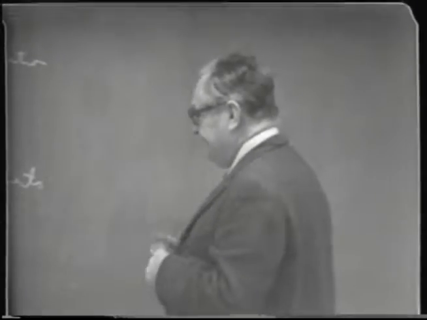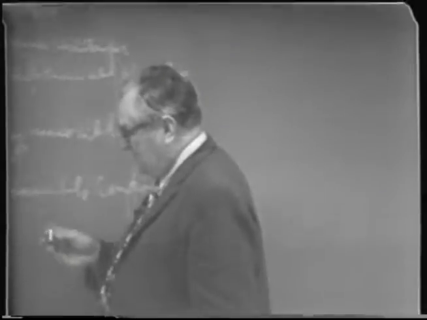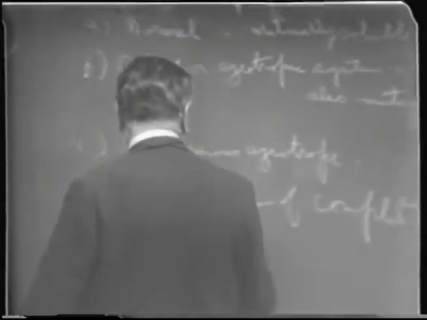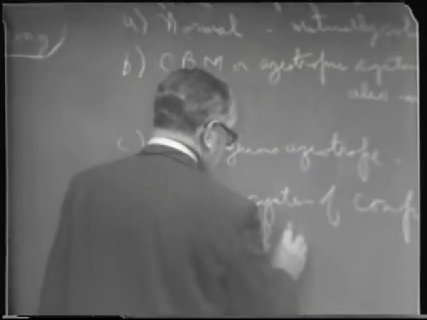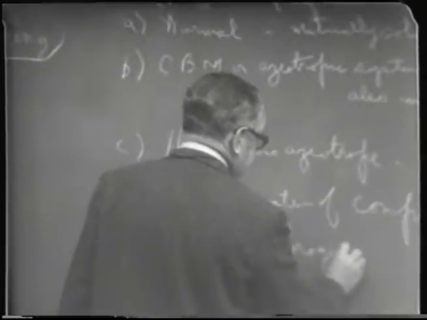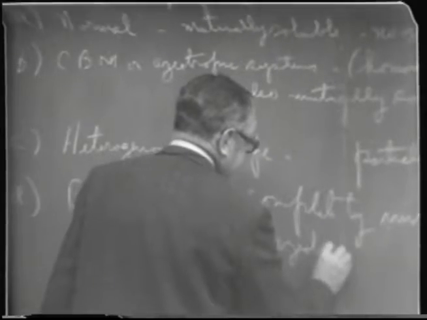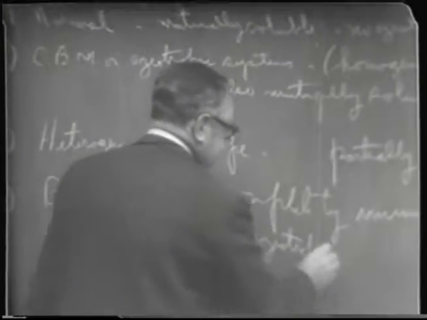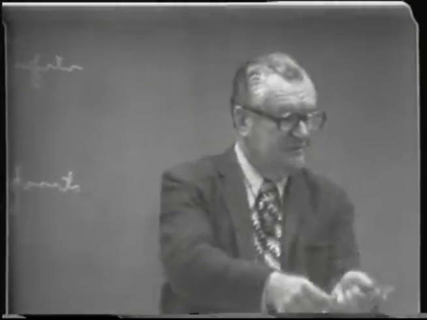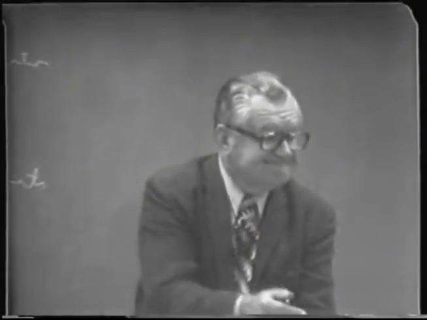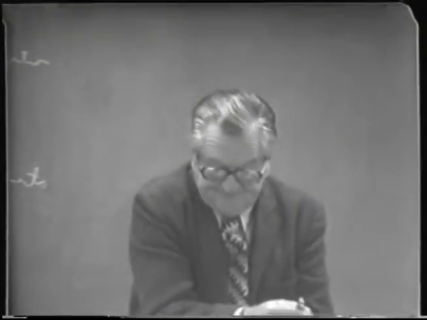And this would produce, in effect, a heterogeneous azeotrope. The composition of which and the boiling point of which we can readily calculate if we know the vapor pressures of the two components as a function of temperature.